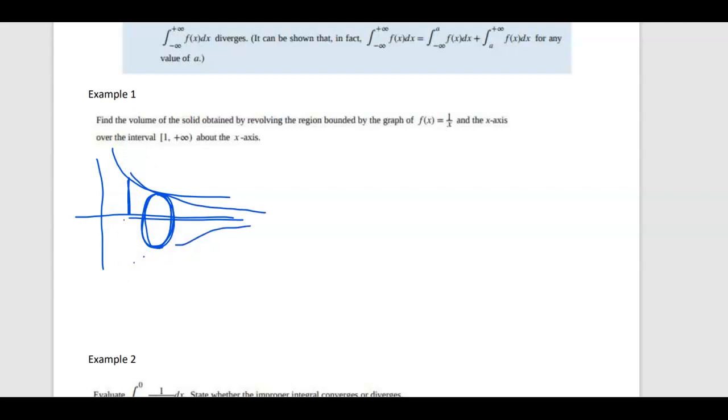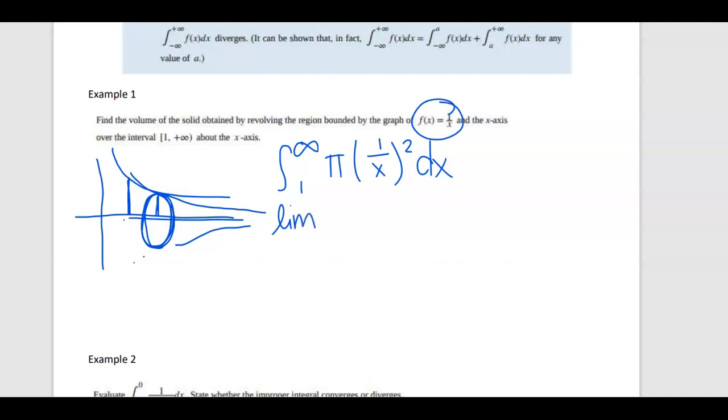So let's remind ourselves our r is going to be our function value. I'm going to take the integral from 1 to infinity of pi r squared, and each disk has a thickness of dx, and then I want to add all of those up. I'm going to change this to be the limit as t goes to infinity, from 1 to t.